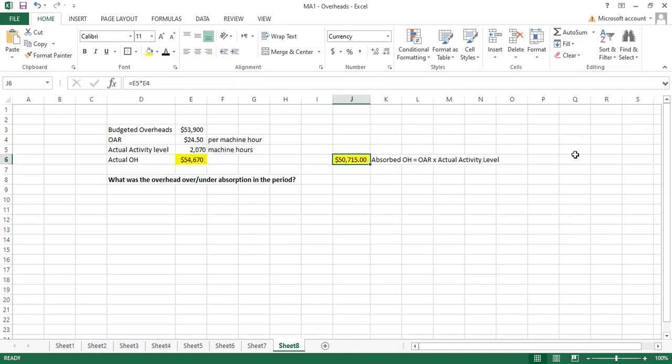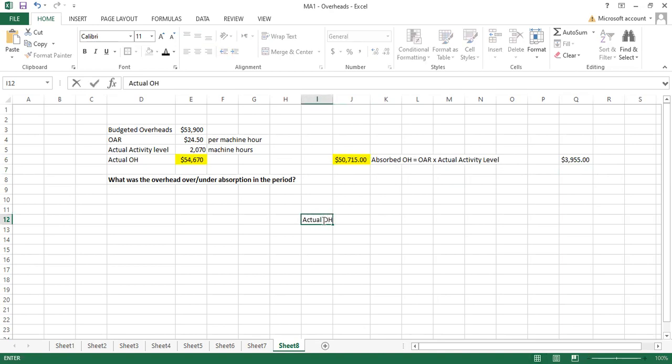So when I compare, what do I get? I told you yesterday, draw a line. Actual overheads are this. Mostly my students get confused about how to remember over or under.